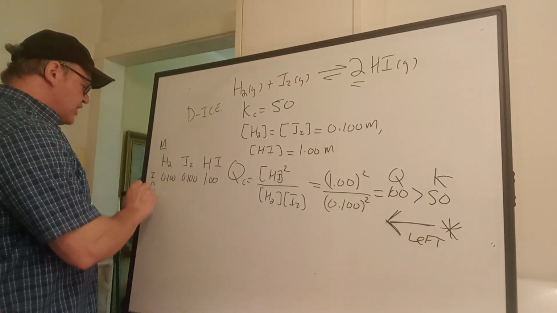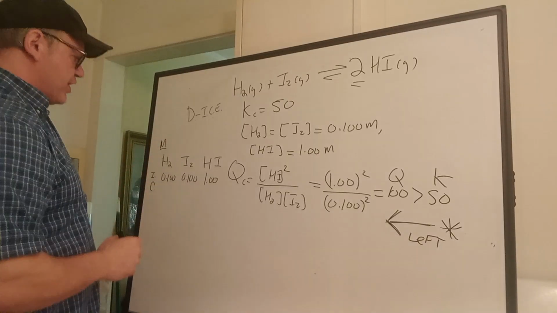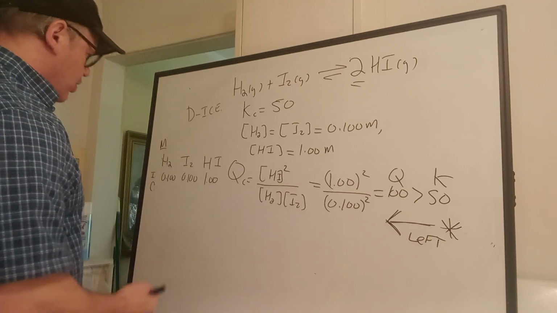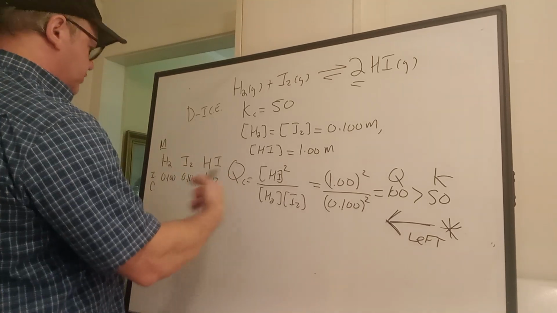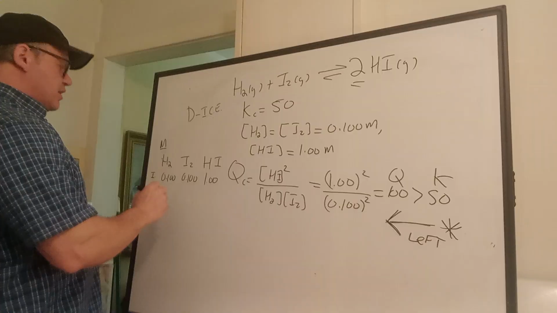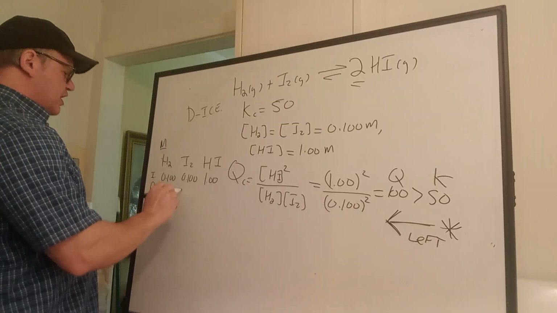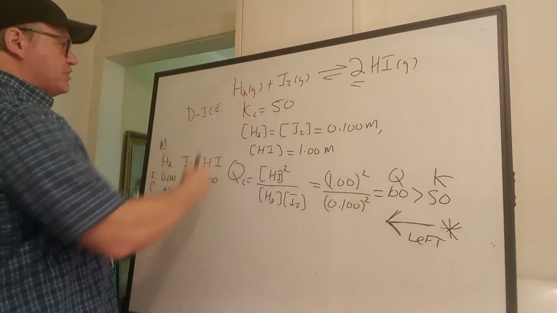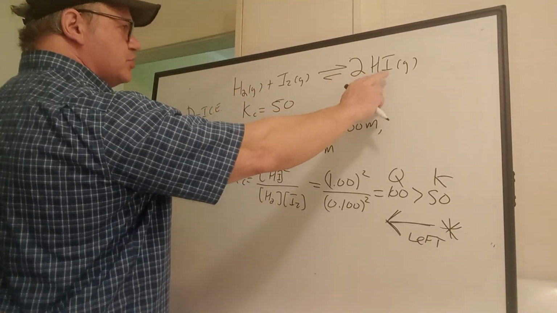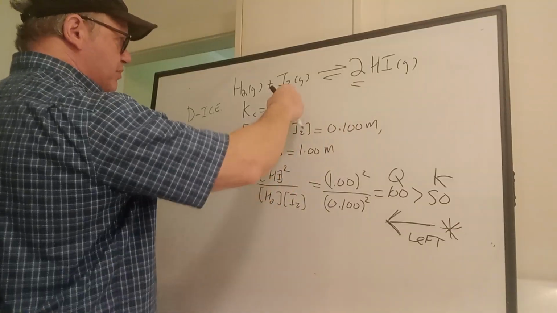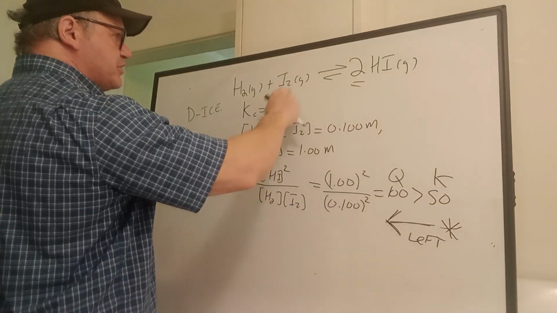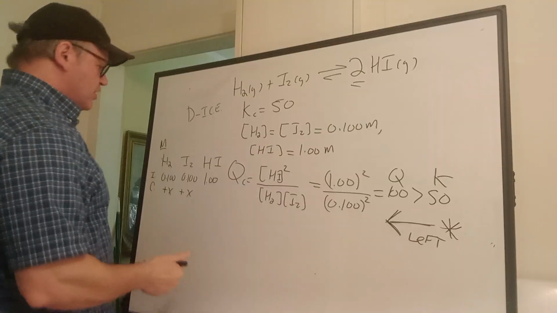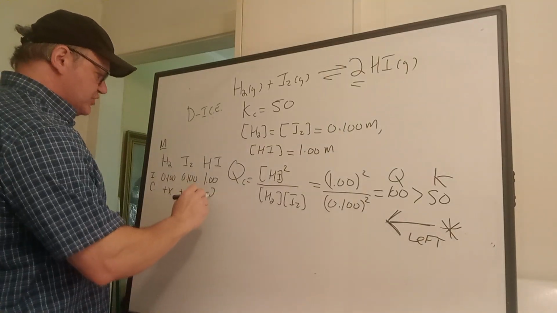The change step, this is critical here. Now we're going to the left, right? So we're picking up an x and an x for these 2 species. Every time we pick up an H2, we've consumed 2 HI. And same thing, we pick up an I2, we've used 2 HI. So here, this is a minus 2x.